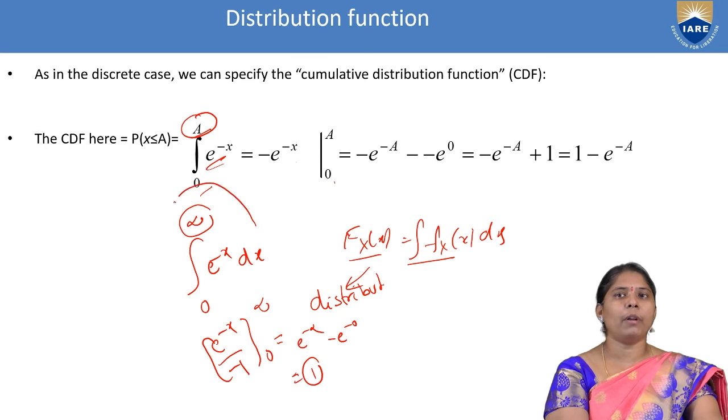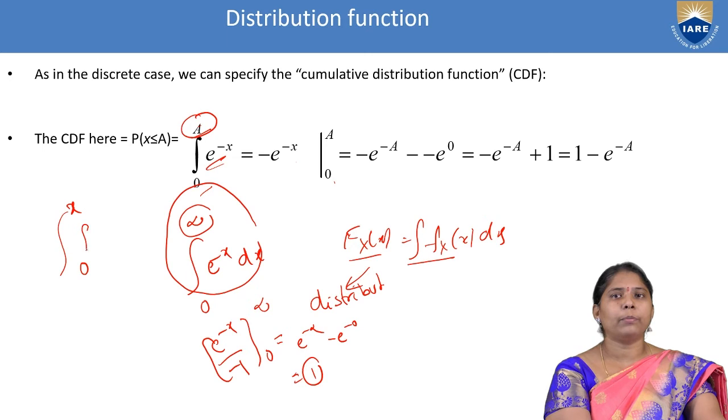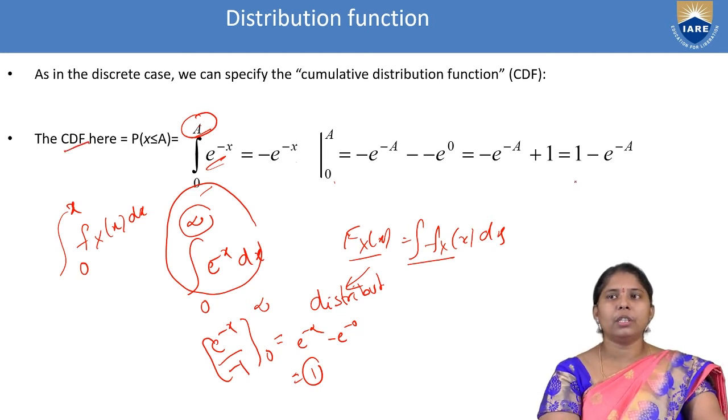So this is the formula to find the area, and this is to find the CDF. In the calculation of CDF, we need to integrate up to x only, the integral of fx of x dx. So we take the integration up to the value of x in the calculation of the distribution function. So the distribution function of e power minus x is 1 minus e power minus a.